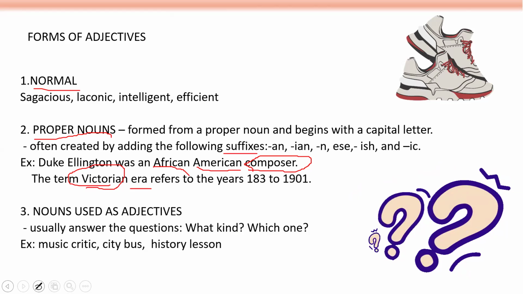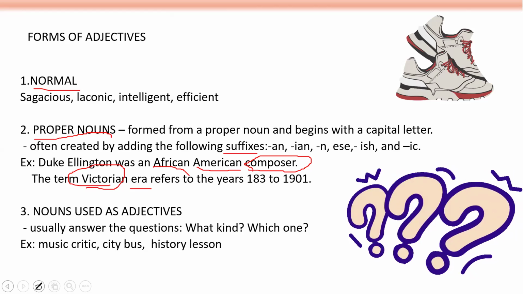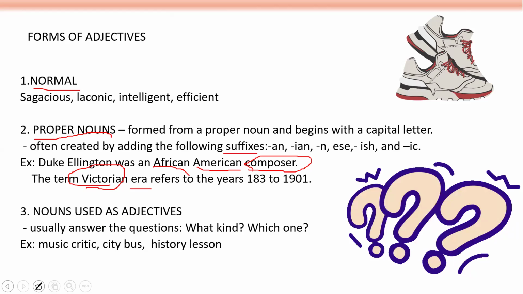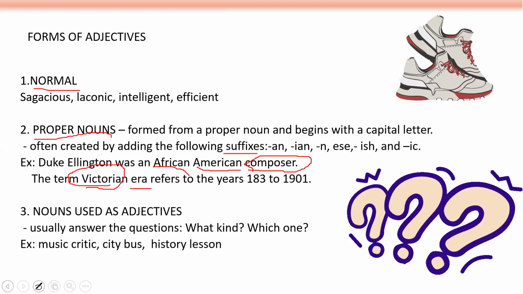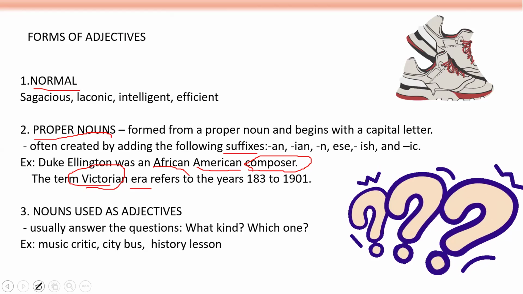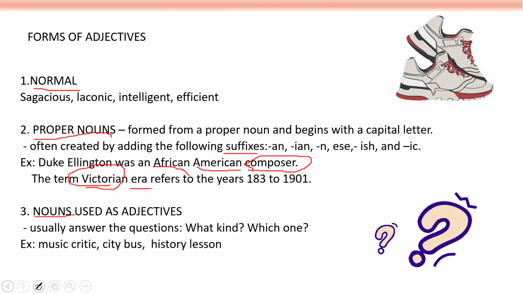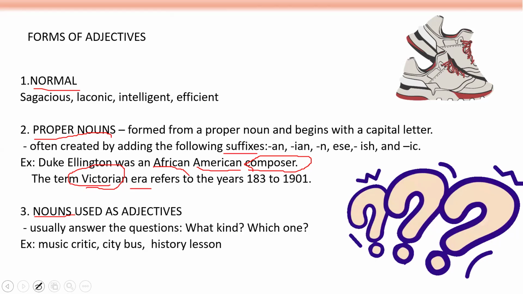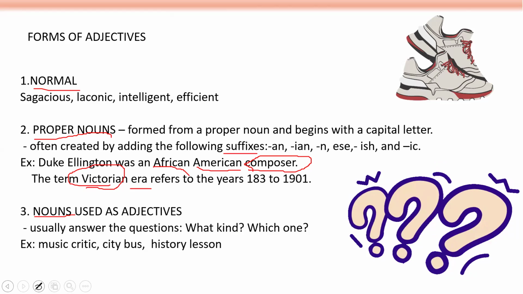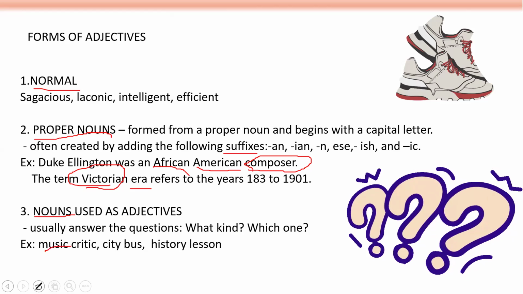Now let's talk about nouns used as adjectives. If you could use pronouns as adjectives, surprisingly, you can also use nouns as adjectives. Okay? For example, music critic, city bus, history lesson.